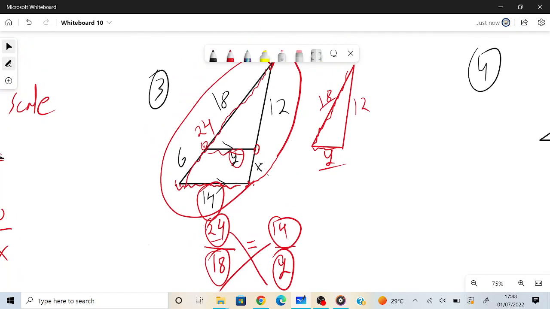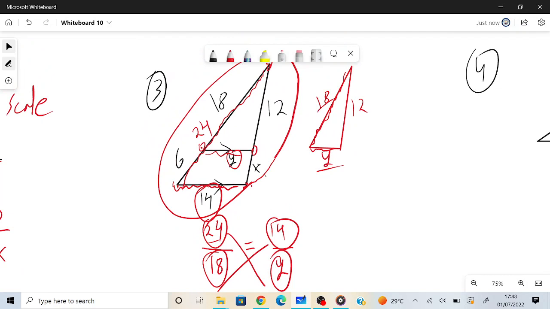Now let's go to find our x. Now again we can use 24 over 18 because those are the two sides that we know. But what does this equal to? We know that this side of the whole triangle from the top till the bottom is represented by the 12 over here. And all of this from here to here is simply represented by 12 plus the x that we have over there.